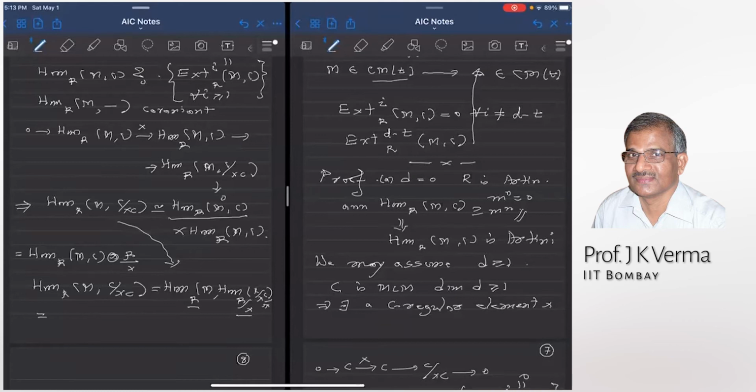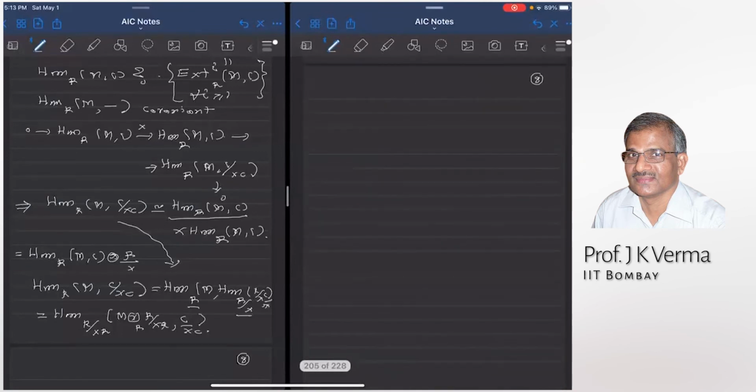The module M is an R module, but C/xC is an R/x module. So these rings get changed when I apply Hom tensor adjointness. So this is Hom_{R/xR}(M tensor R/xR, C/xC), and this last module is just Hom_{R/xR}(M/xM, C/xC).